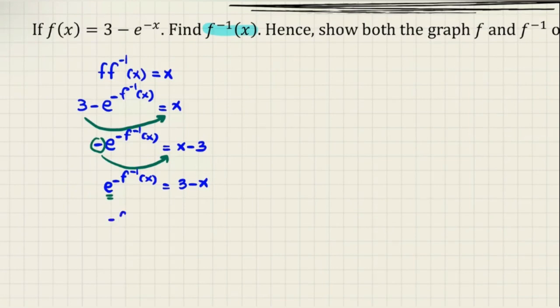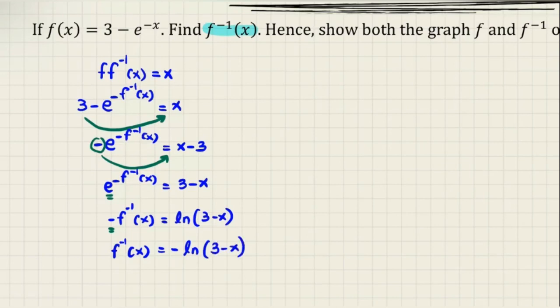So I will get negative F inverse of X will be equals to ln of 3 minus X. Okay, and last kali kita nak hilangkan negatif ini, darabkan both sides dengan negative 1. So F inverse of X will be equals to negative of ln 3 minus X. So directly kita dapat the F inverse kepada Fx kita. Okay, so ini yang pertama.